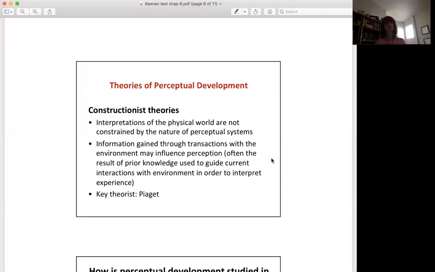In other words, we gain information through different transactions in the environment that might influence our perception. And those influences are often a result of prior knowledge that helps us navigate the world in an environment in order to interpret different experiences. And the key theorist on this is really Piaget.